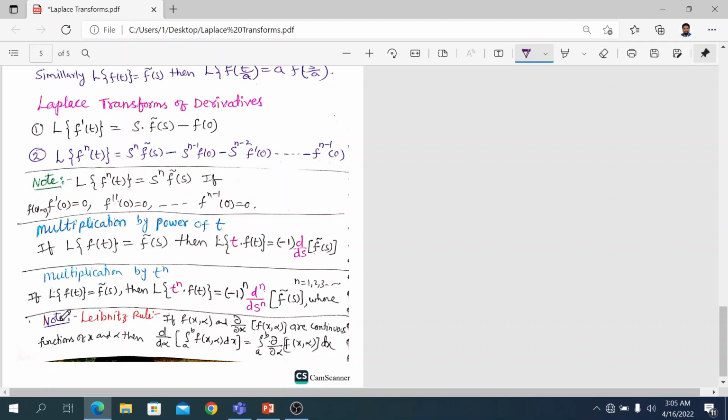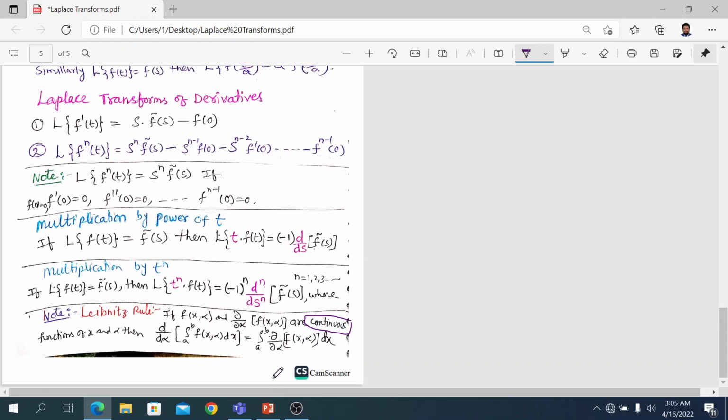Next, here we have note one, that Leibniz's rule. So if f of x comma alpha and dou by dou x of f of x comma alpha are continuous, see here it is mentioned continuous, so are continuous functions of x, then d by d alpha of integration a to b f of x comma alpha dx is equal to integration a to b dou by dou alpha f of x comma alpha into dx.